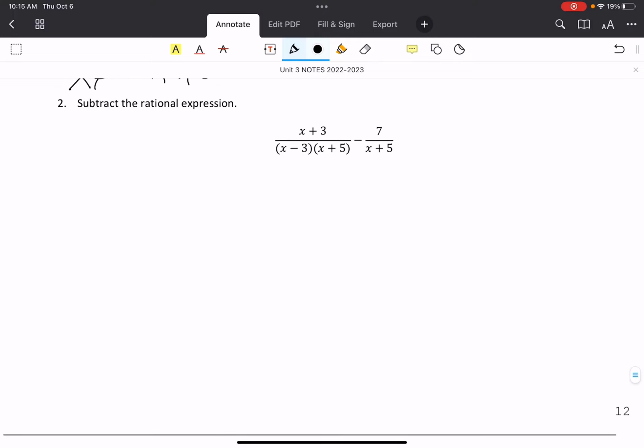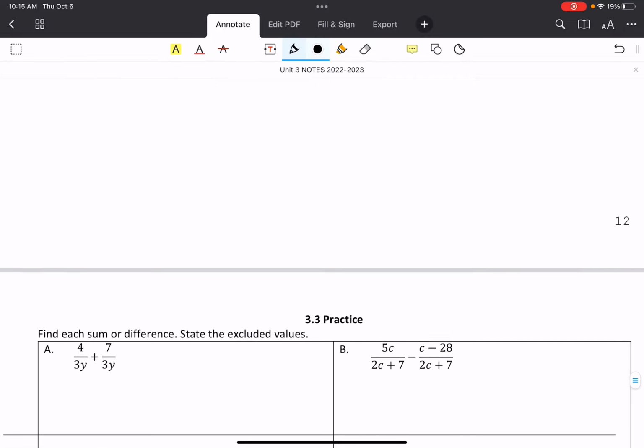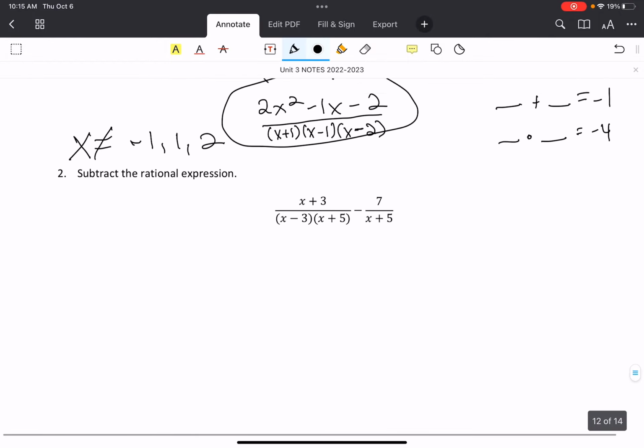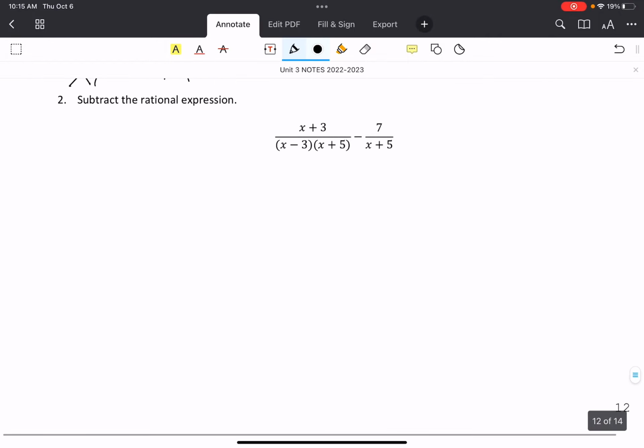This is a subtraction one, so we're going to do it so we remember all the things we need to know about subtraction, but then I definitely want to go over some of the others. We are going to do number 2. What should I do? You have to multiply the x minus 3 to the other side, right?